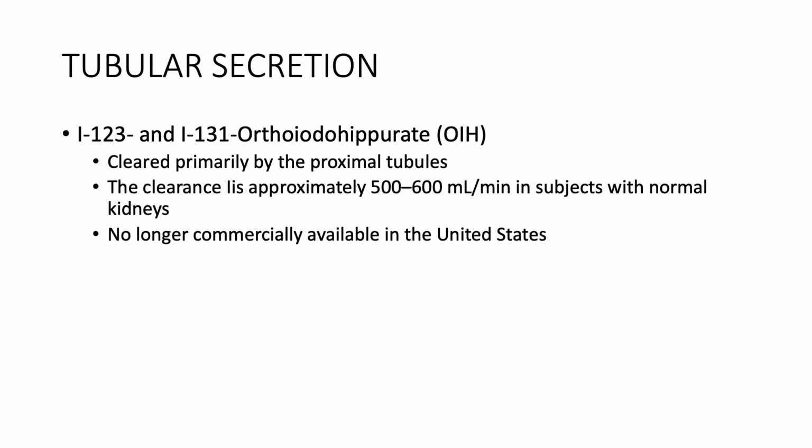However, this is no longer commercially available in the United States because of the introduction of technetium-99m MAG3. It also has poor imaging characteristics, the potential for delivering a high radiation dose, and unfavorable logistics resulting from the relatively short half-life of iodine-123.